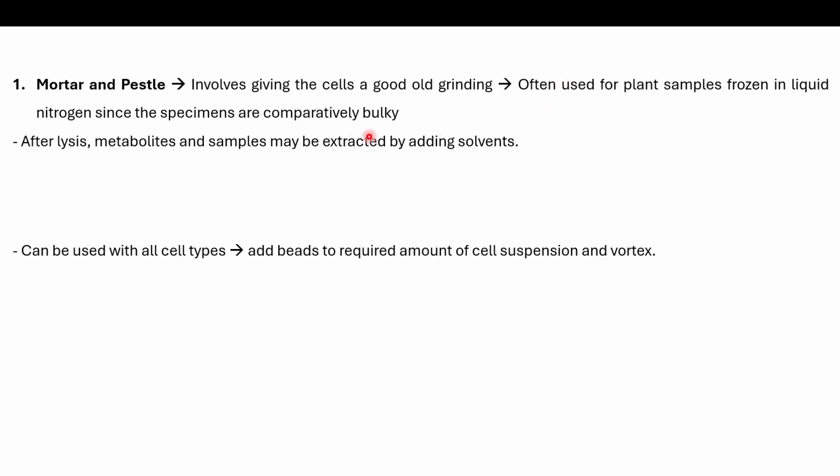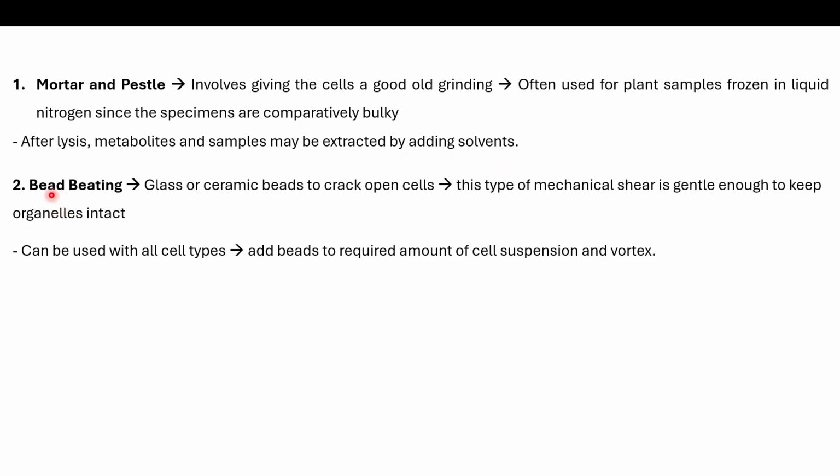Ideally, comparatively bulky samples can be lysed using a mortar and pestle. After lysing these bulky samples, if you're interested in certain metabolites, then those metabolites can be extracted further by adding suitable solvents.